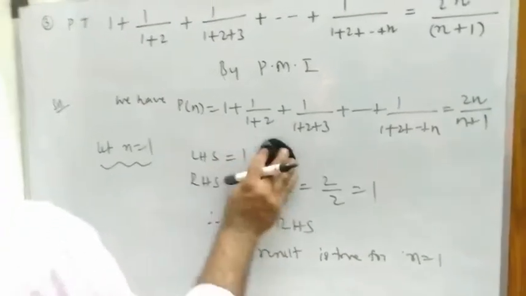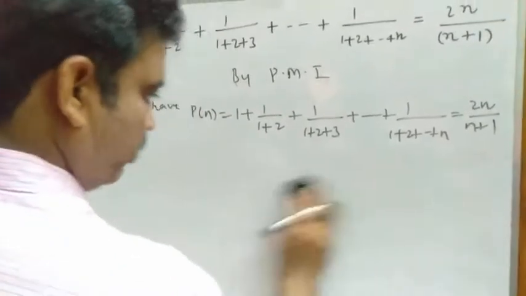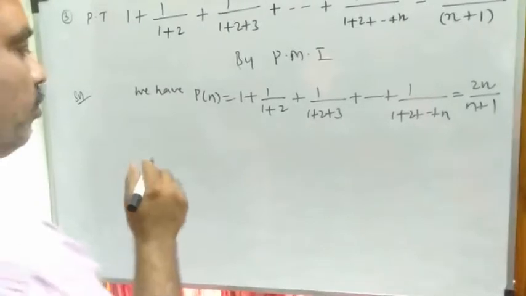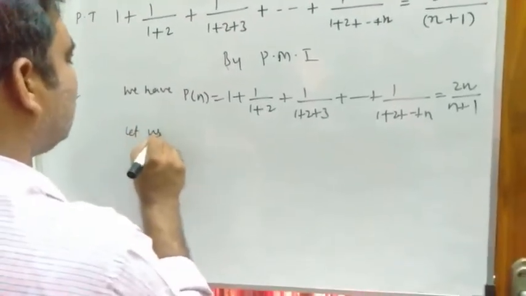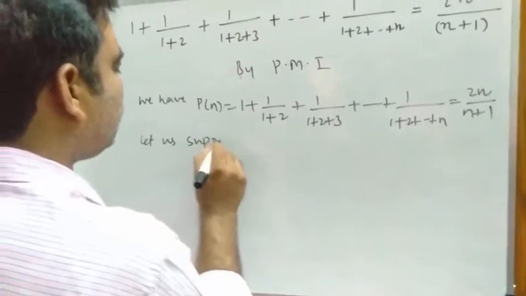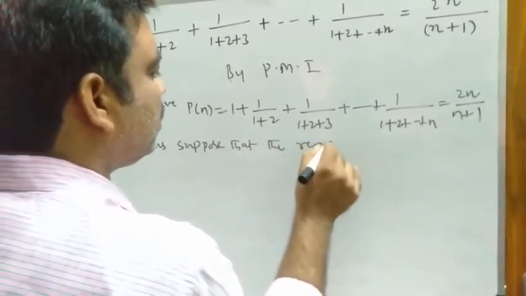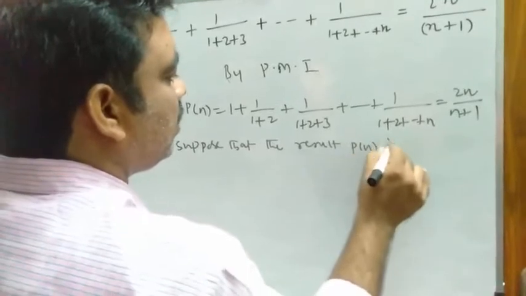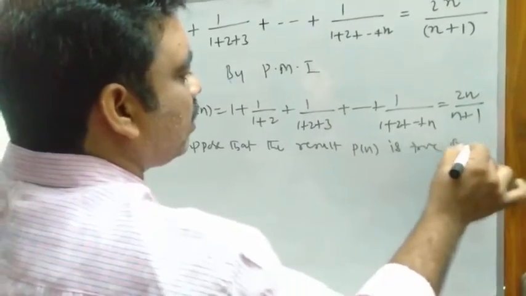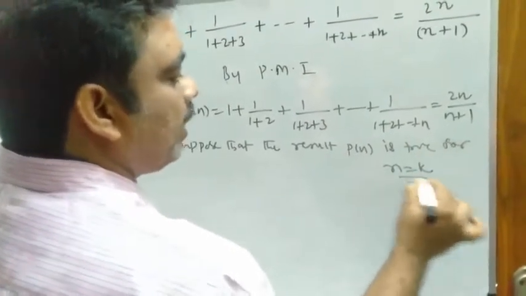Now, I am assuming that the result is true for n is equal to k terms. Let us suppose that the result P of n is true for n is equal to k.